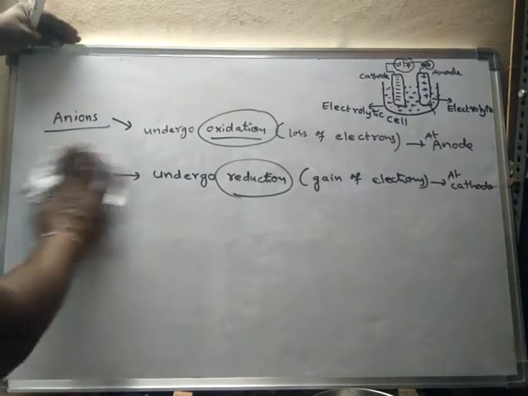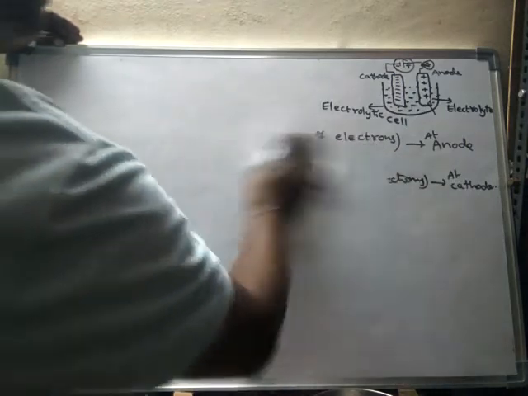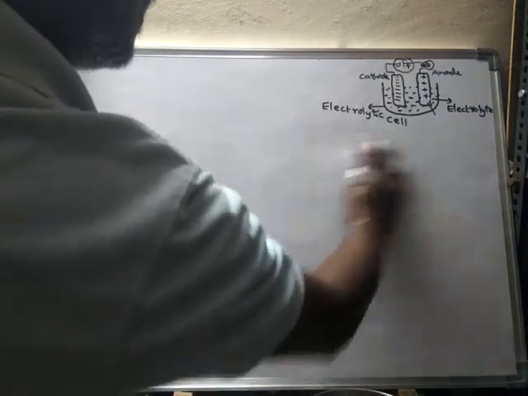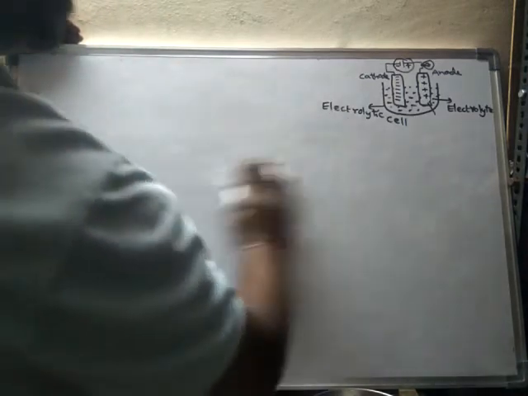Now, what is the difference between an atom and an ion? An atom is a neutral species, electrically neutral. Atoms are the smallest particles of matter which are electrically neutral. They contain both positive and negative charges in equal number.